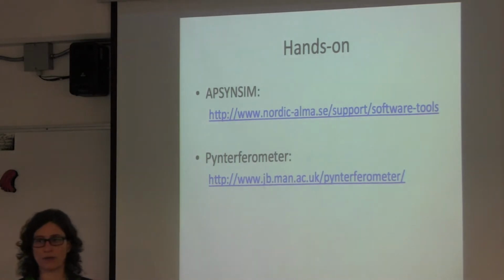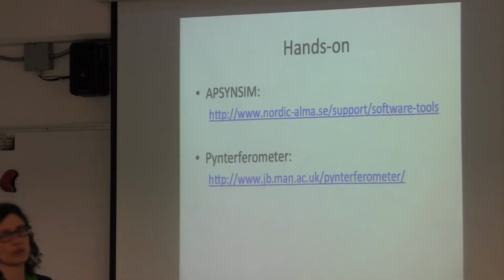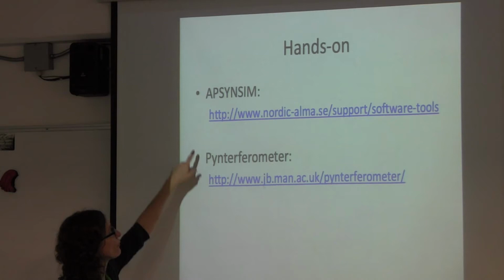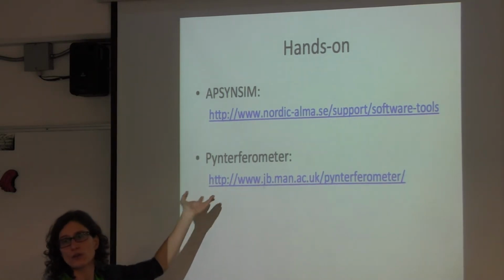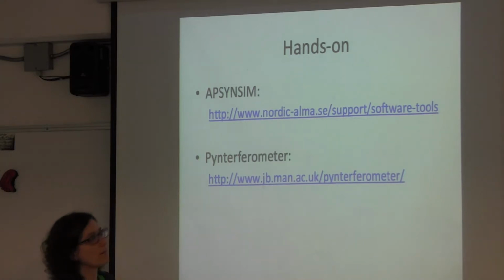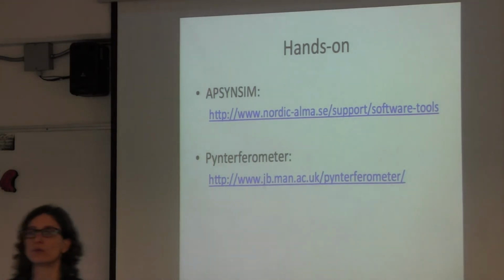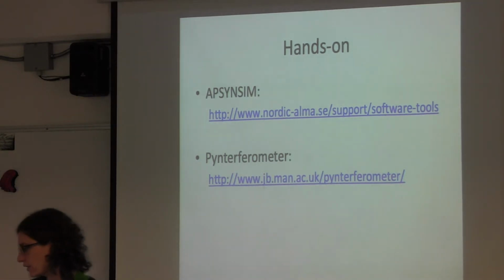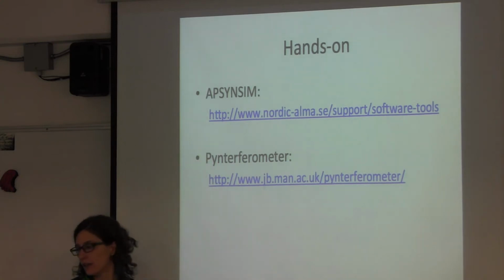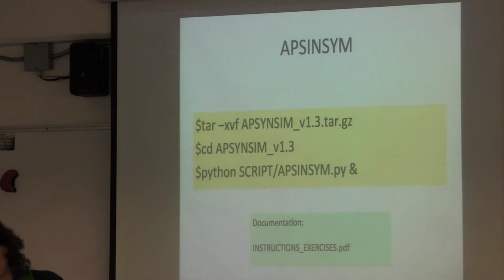To get used to how this works, there are two software packages available. Well, there are more, of course, but I found these two that look quite okay. We will be using the first one, but this one here is also suitable for learning how an interferometer works and how to make images. Yesterday we installed these apps in SIM, in the computers here.